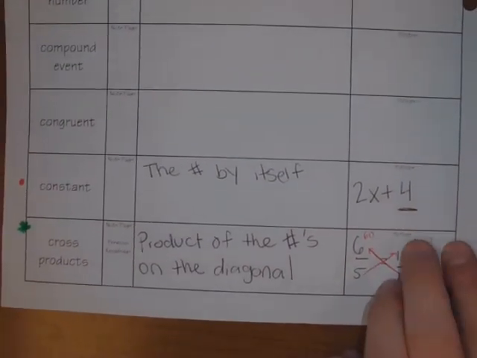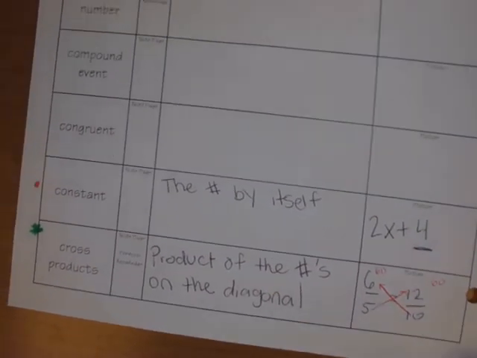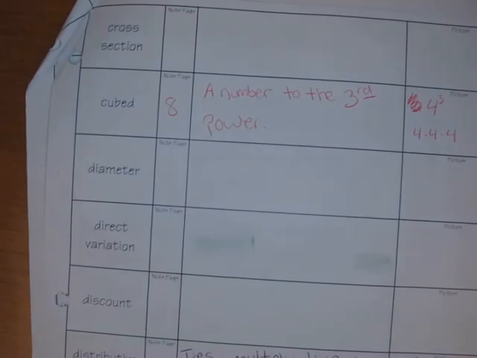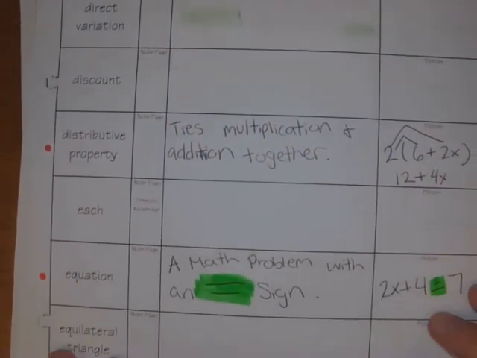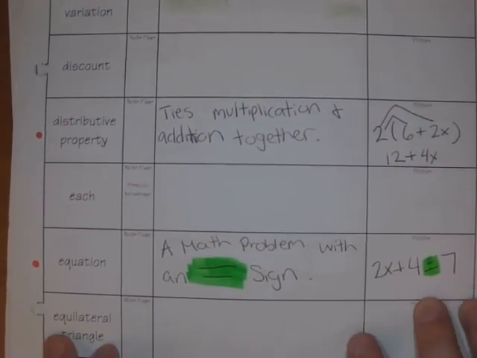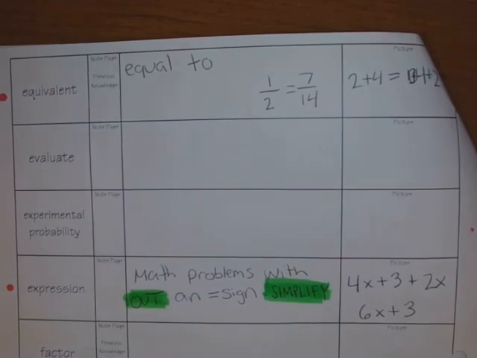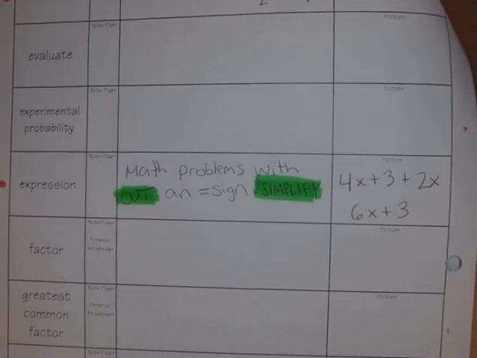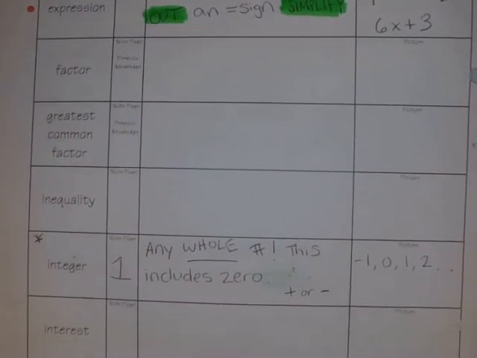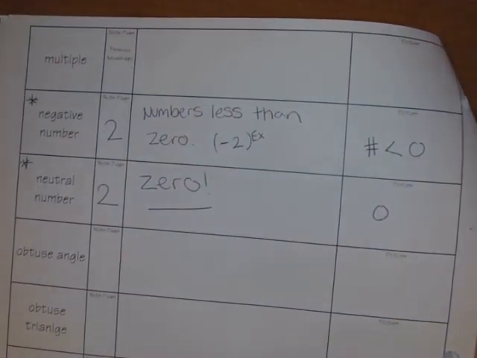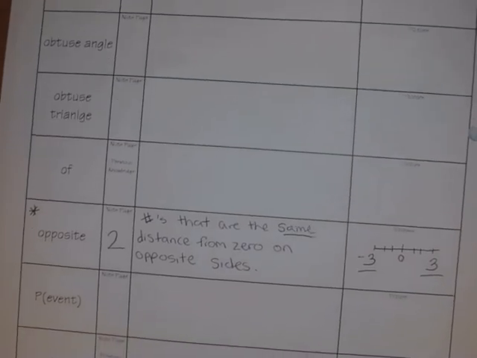Coefficient. Constant, cross products. You have cubed. Distributive property. Equation. You have equivalent. Expression. Integer. Like terms. Negative number, neutral number, opposite number.